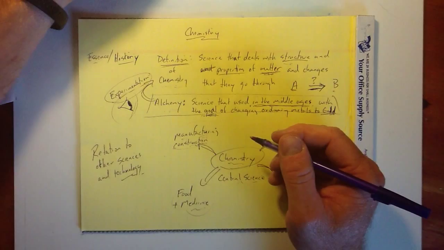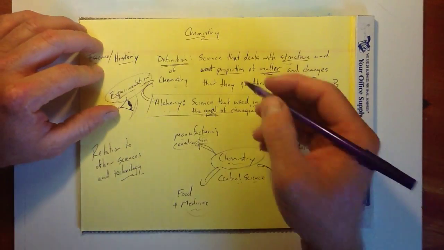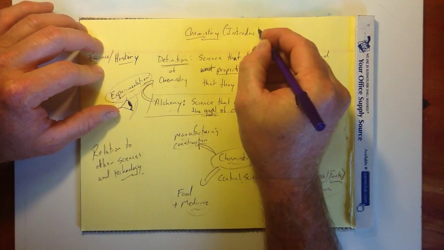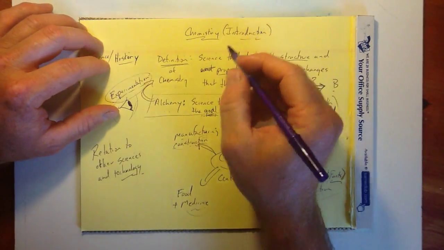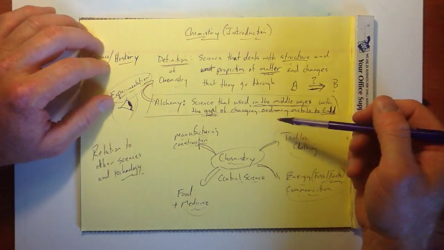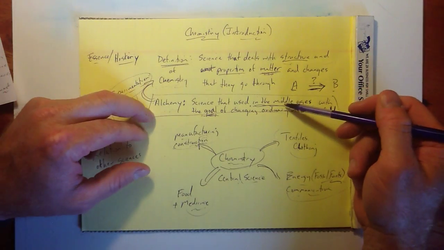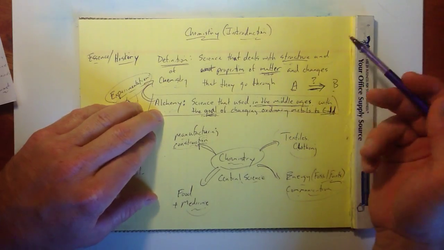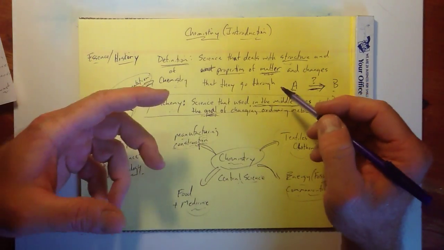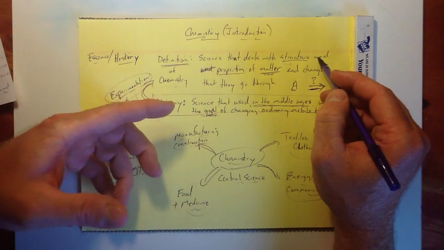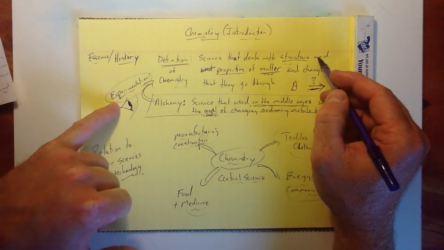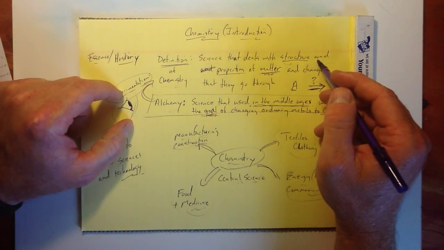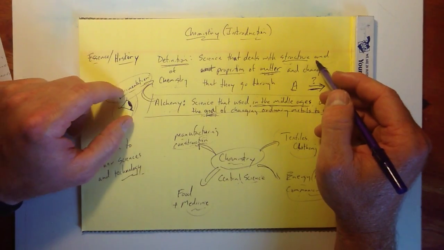So that's sort of a brief overview, an introduction, you might say, to what is chemistry. We've looked at the definition of chemistry and how it's founded or rooted in alchemy. They're both sciences that dealt with stuff, but in different ways. Modern chemistry is very tied to experimentation, looking at nature intently.